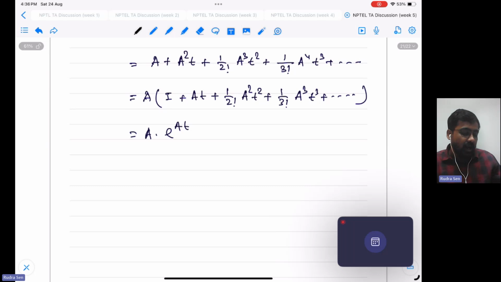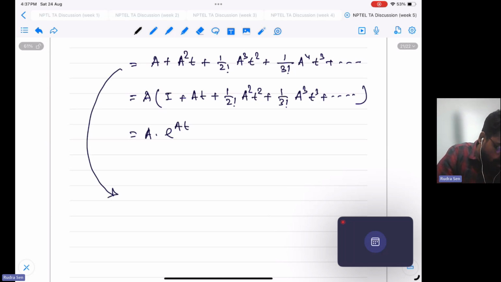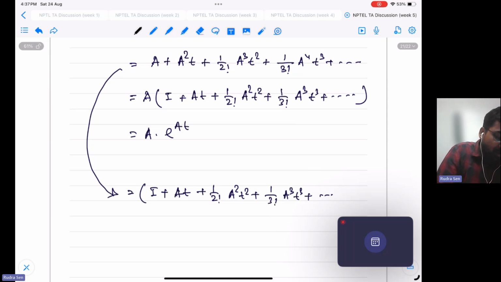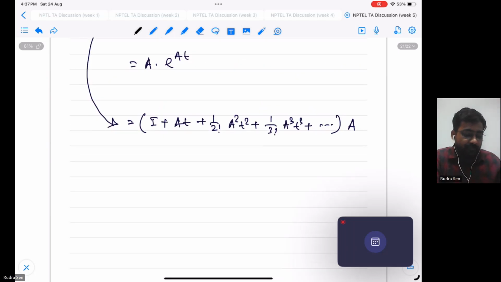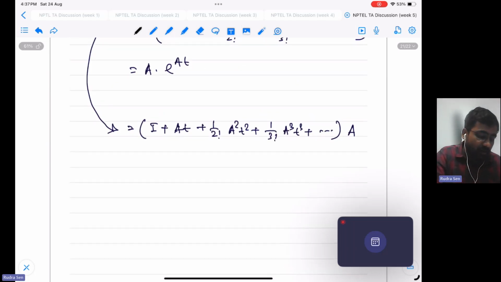Now I take A common from the other side, previously, right? If I do this kind of thing, I + At + A²t² + A³t³ + ... times A, we can also do this because t is always a scalar term.